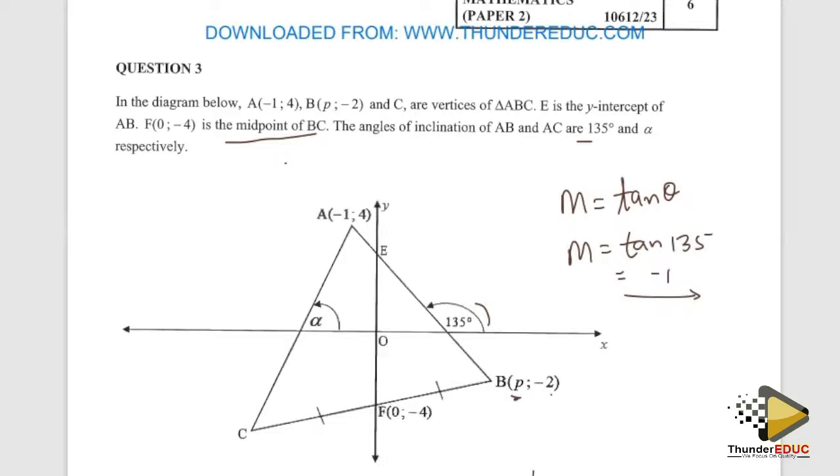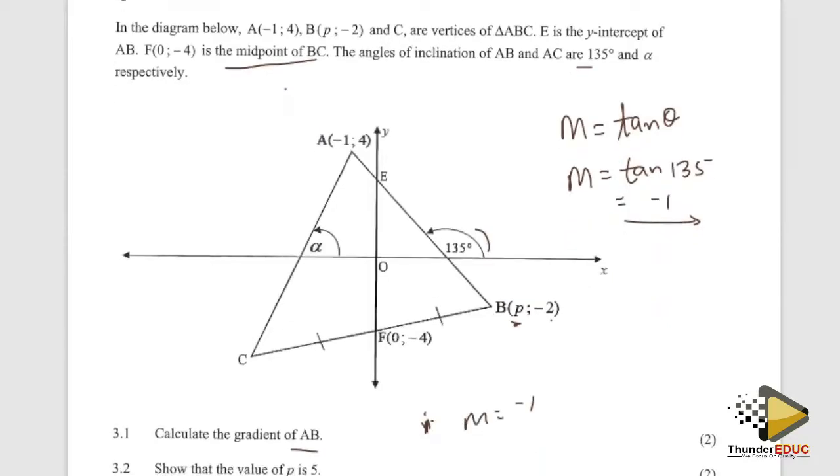Then they want us to show that P is 5. So I'm going to use the gradient formula. I know the gradient formula is change in y over change in x. It must give me -1. So if I use 4 as my y2, I'm going to have 4 minus -2 over -1 minus P, which should give me -1.